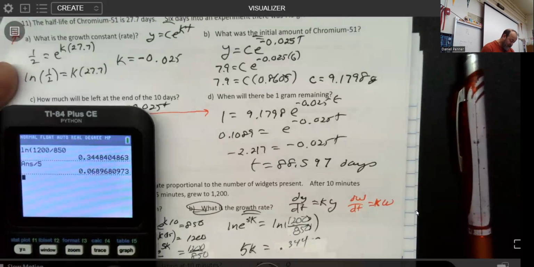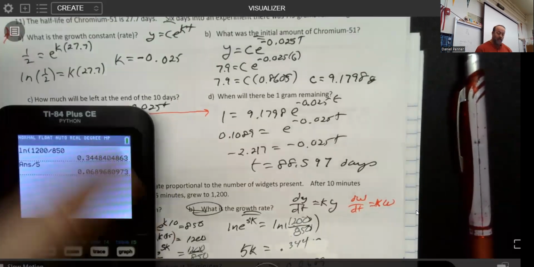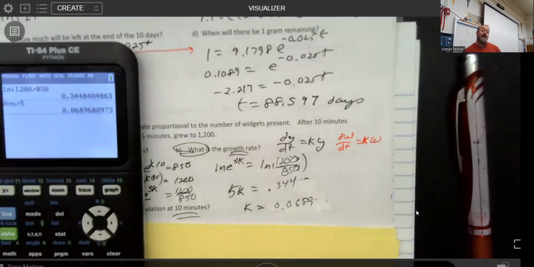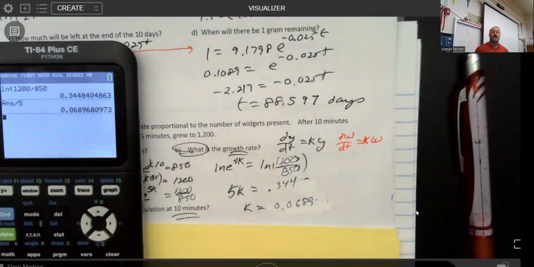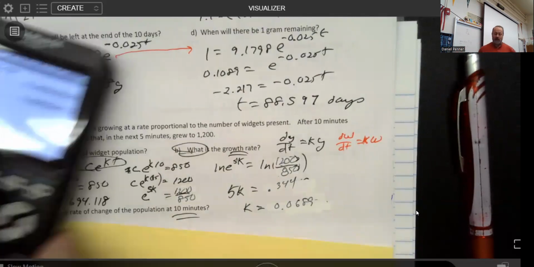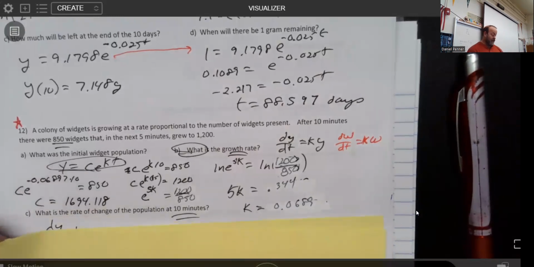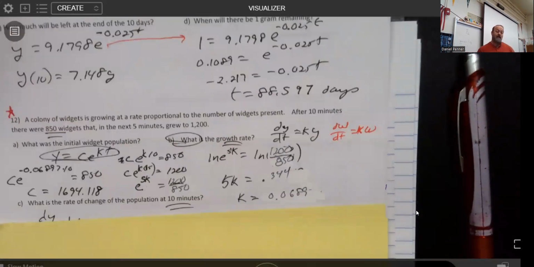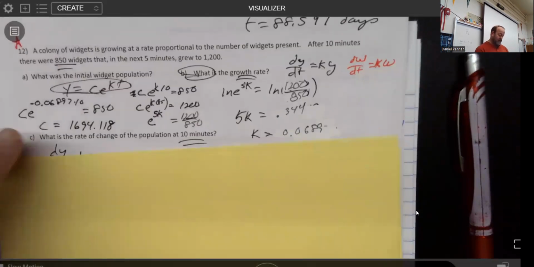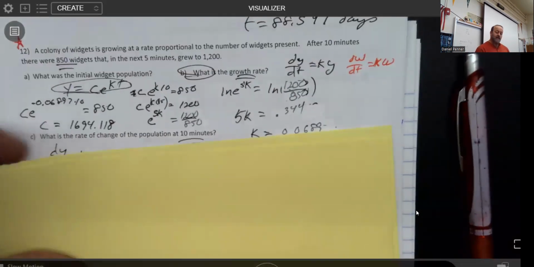And that honestly makes far more sense than what I had, because clearly the widgets are growing, so K has to be a constant that is positive, and I had a negative constant, and that didn't make sense. I should have realized that I had done something silly. It pays to pay attention. But I was doing this at the end of a very long day, and I was tired, and I just wasn't thinking as clearly.